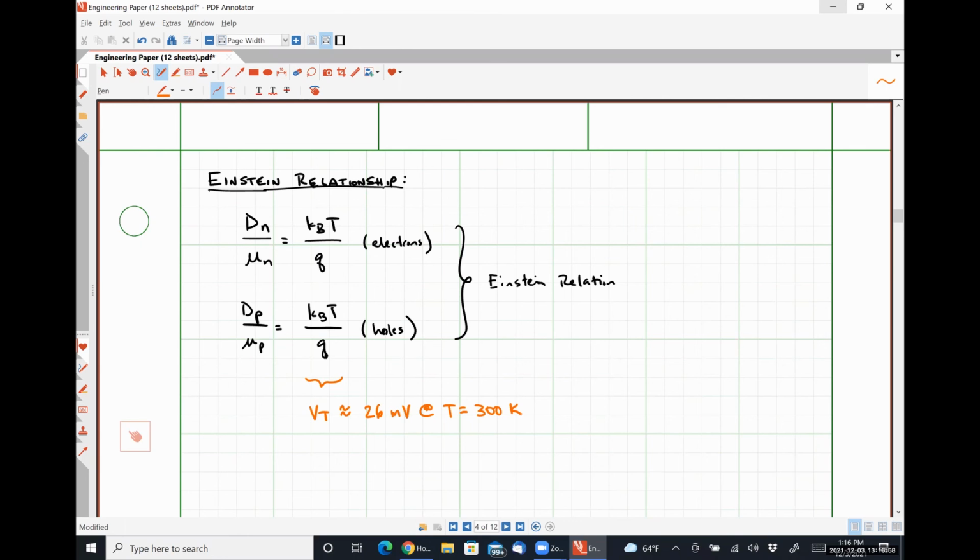Logan, what's up? Since that VT obviously is temperature dependent, is that why circuits will fail when they overheat? Circuits fail when they overheat for a variety of reasons, some of which we'll talk about when we discuss reverse bias breakdown in reverse bias PN junctions.